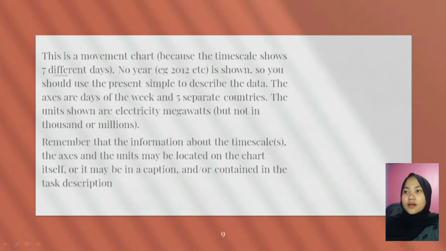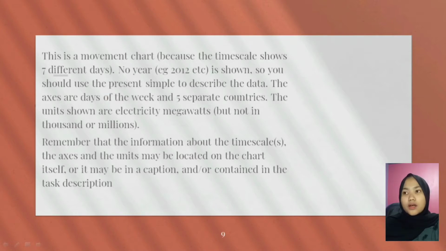This is a movement chart because the time scale shows 7 different days. No years, for example 2012, etc. is shown, so you should use the present simple to describe the data. The X axis shows days of the week and 5 separate countries.